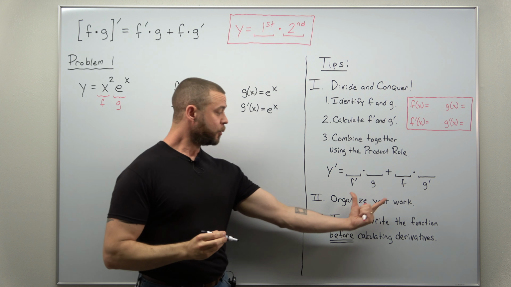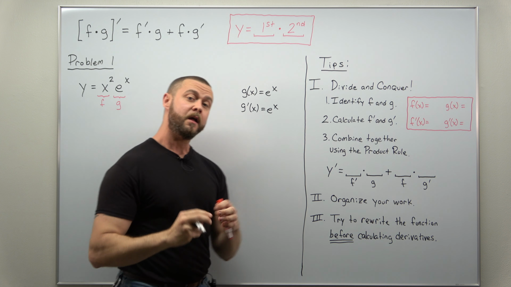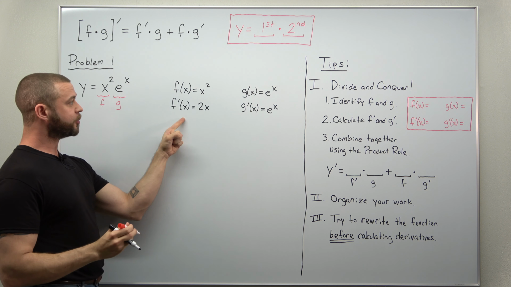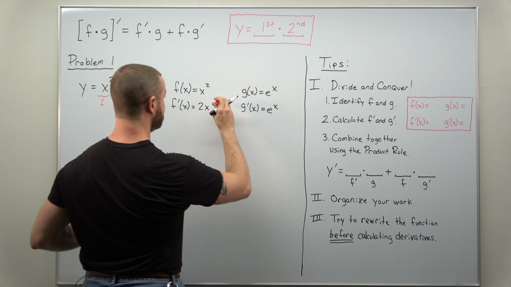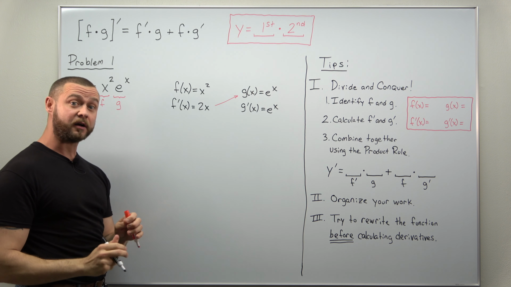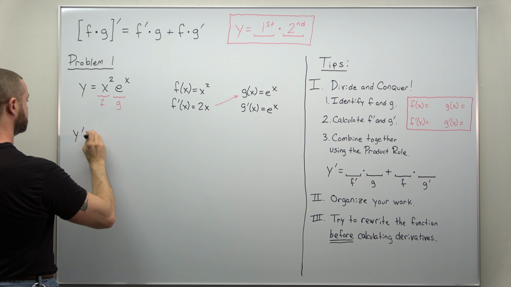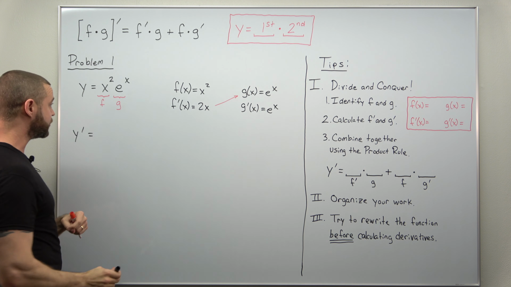And that's most of the work for this problem. The last step, we just need to combine everything back together with the product rule. Now, if you arrange your work like this, like I will, your f prime times g term, that's your first part of the product rule. That's that diagonal product. So let's go ahead and write that down. So here our function was called y. We're going to write the derivative as y prime.